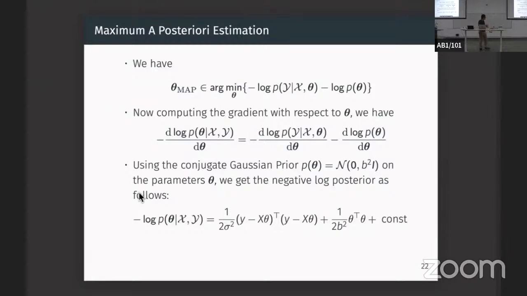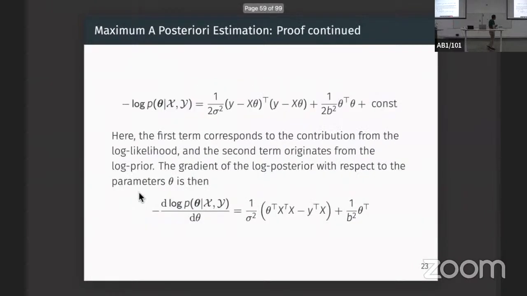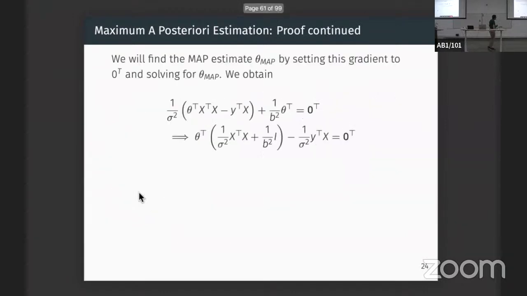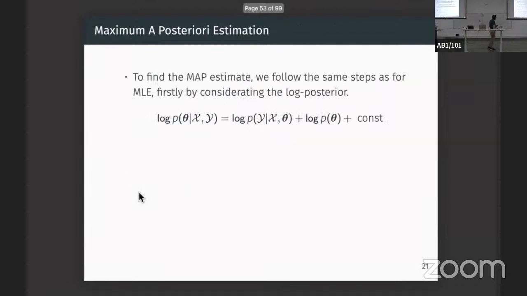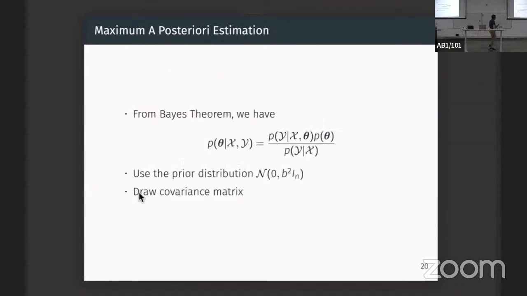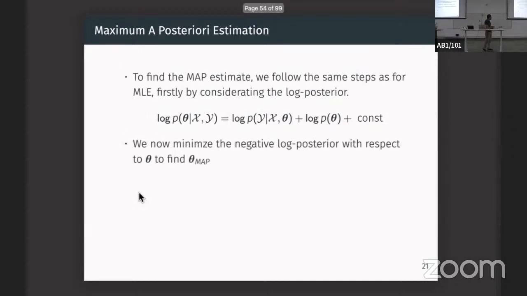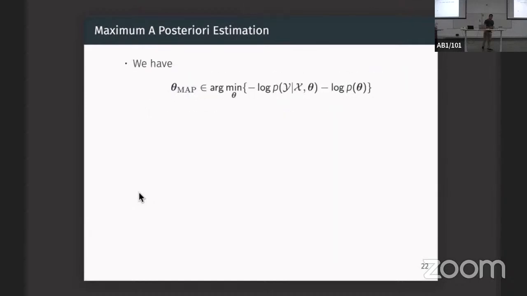I assumed here p of theta to be normally distributed with mean 0 and covariance b squared. If I had chosen p of theta to be some other distribution, let's say I want to recover lasso, or L1 penalty, then what should be p of theta?